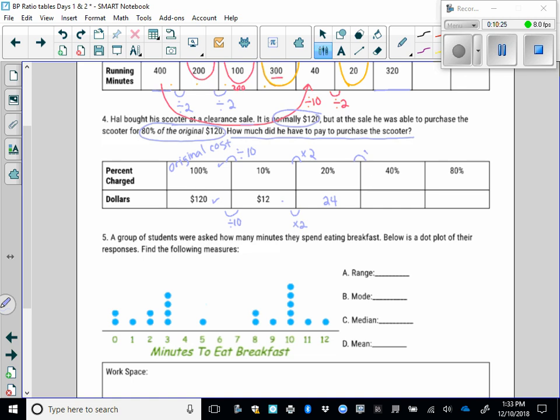And if I double again, I get $48 is 40%, and I can just double again. And 80% would be $96. So he had to pay $96. That was his sale price. All right, so that is where we're going to stop this one.